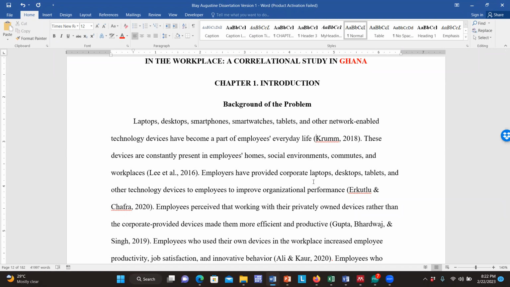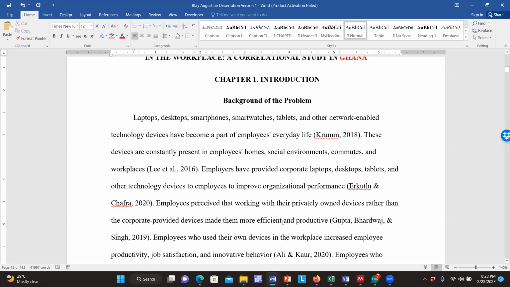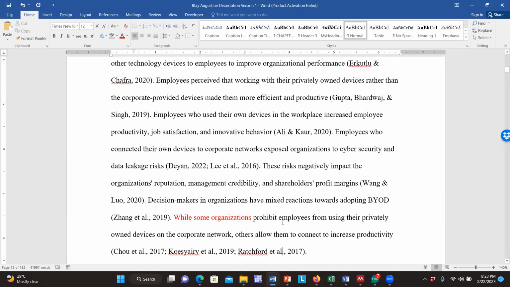The laptops, smartphones, do you understand? The presence of it in employees' life, employers using it also to help increase productivity in our organization. Employees also knowing very well that when they use their privately owned devices, it can help improve productivity. Okay, and it goes on and on. The analysis is going on. He's explaining the same idea. No new idea is introduced.